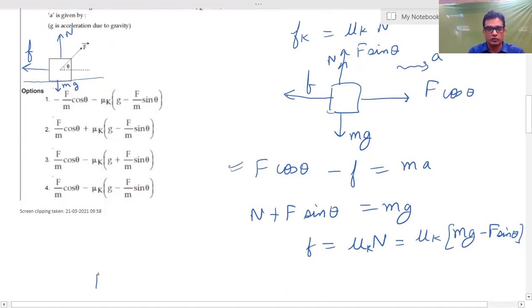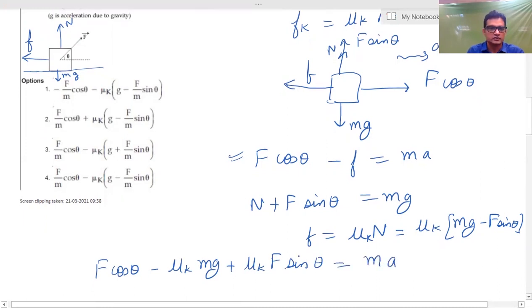So it is coming out to be F cos theta minus mu k mg plus mu k F sin theta is equal to ma.